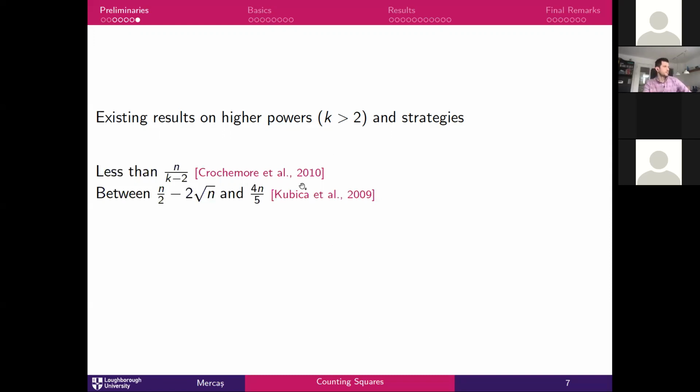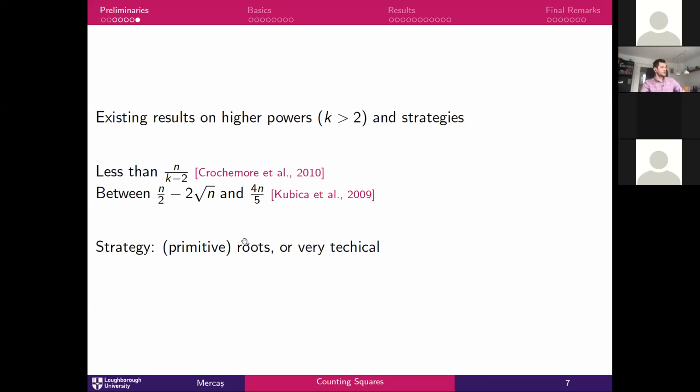And then Kubica et al. in 2009 actually improved on this bound in the case of cubes. The first paper is actually a bit earlier, and this is the journal version. So they said that cubes are at most n over 2 minus something.